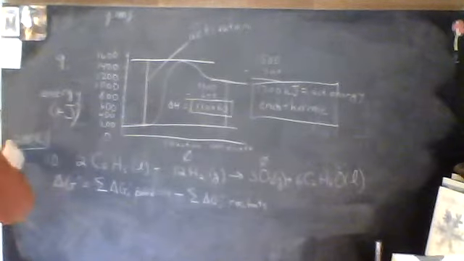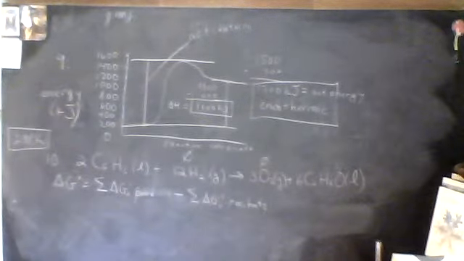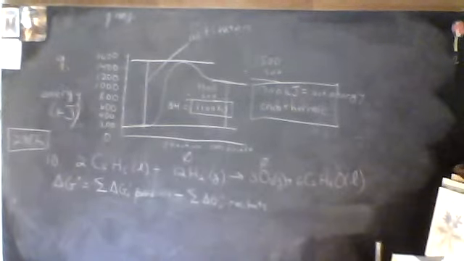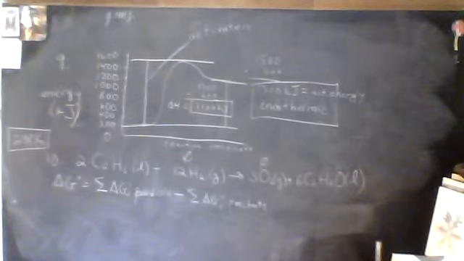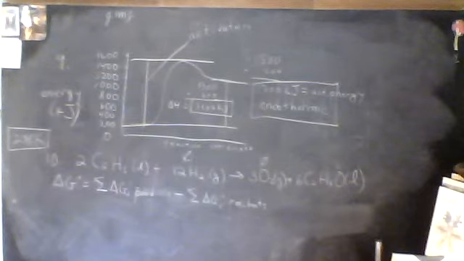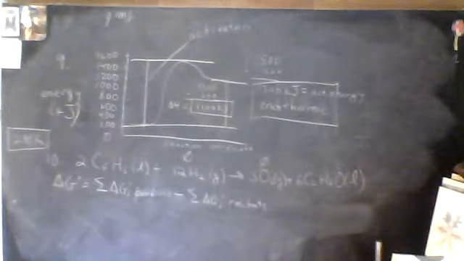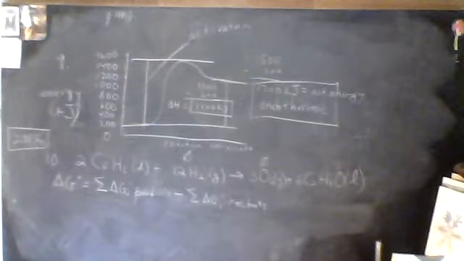It tells us that we can use the table, table 13.4 on page 447, which gives standard free energies of formation in kilojoules per mole of the following substances. So what is the C6H6 liquid?